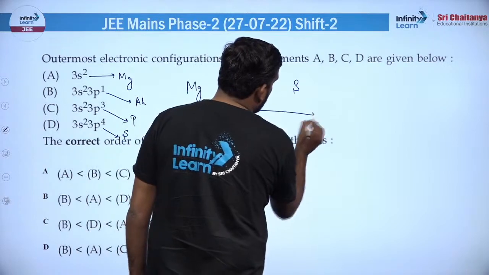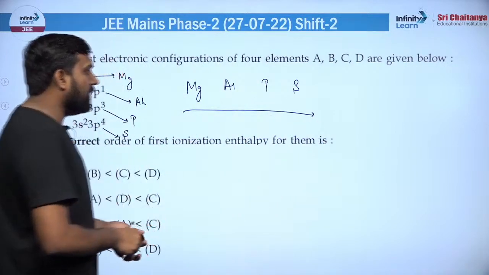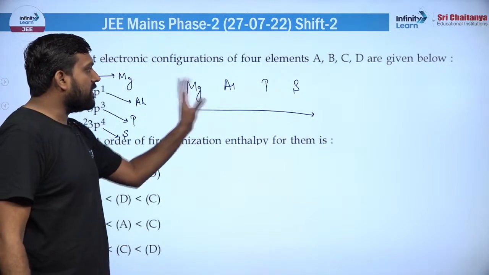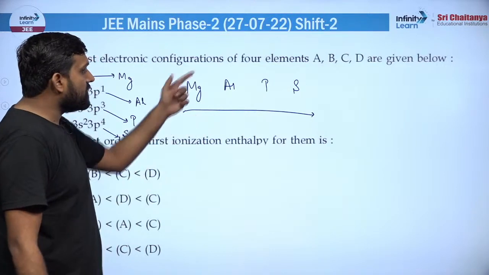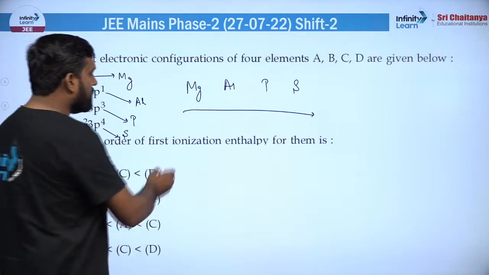Generally, when we move across the period, we observe that Z effective increases, and with the increase in Z effective the ionization enthalpy increases.